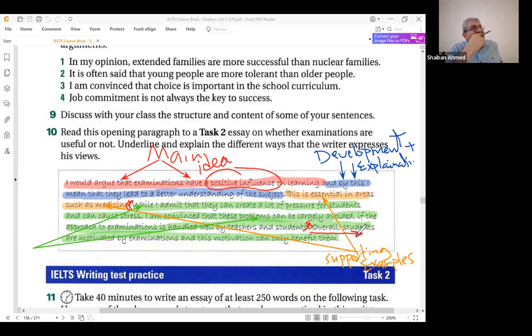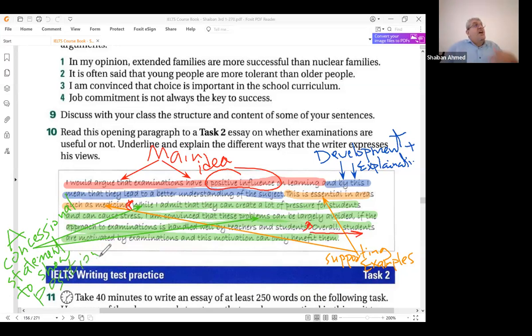What is the technique he is using? Concessional statement to show position. So this is a concessional statement to show position.